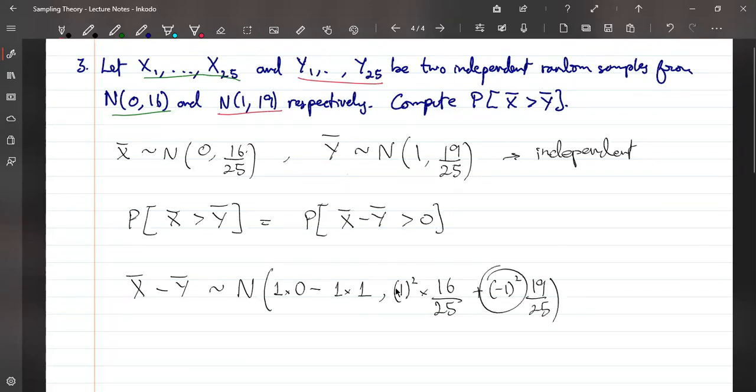So that minus 1 square also becomes positive. So this is N of minus 1, which is not a problem, mean can be negative, and variance is 16 plus 19, so 35 by 25, that's 7 by 5.